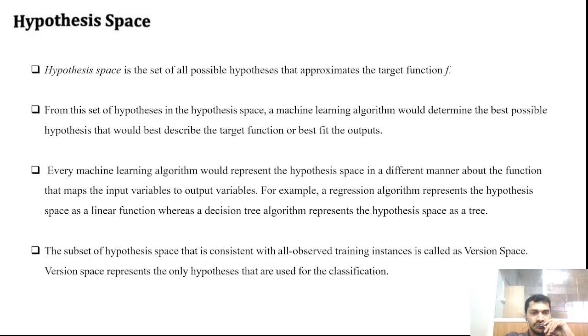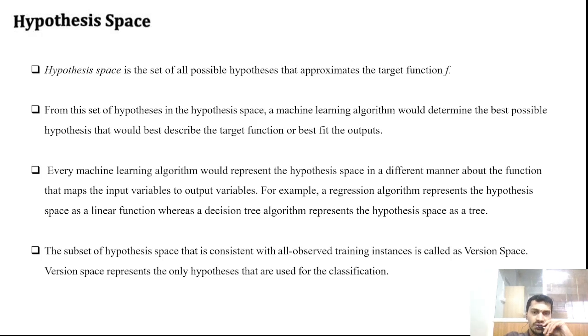The subset of the hypothesis space that correctly fits all the given examples, we will call it the version space. Version space is the subset of the hypothesis space that correctly fits all given training examples.